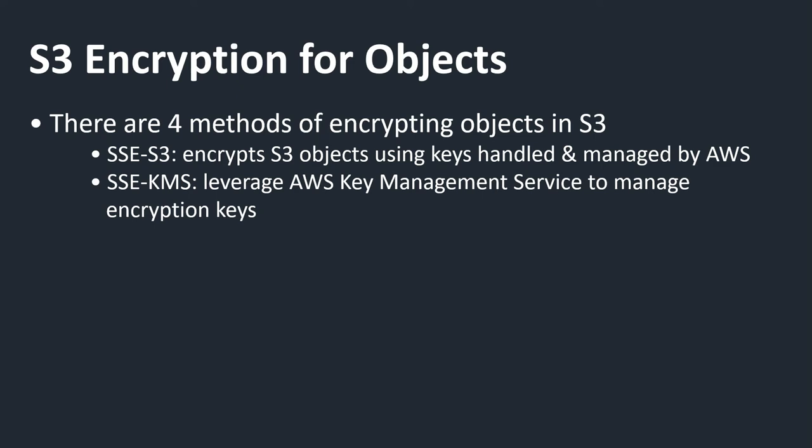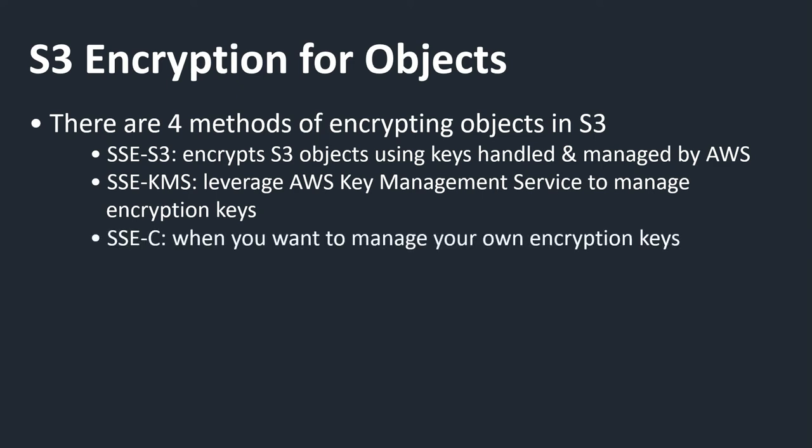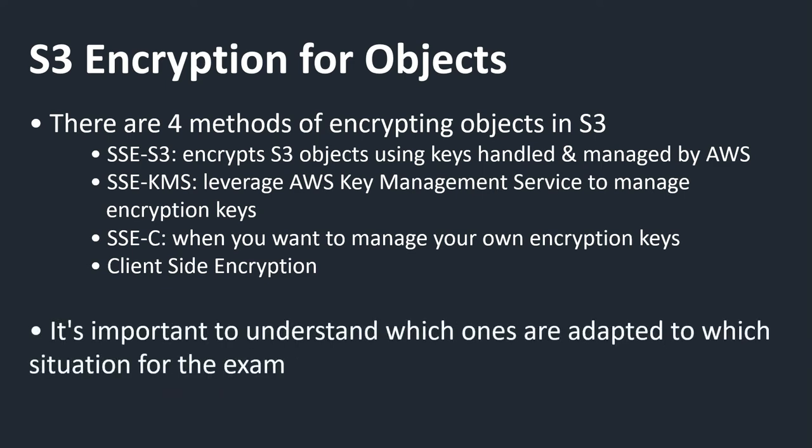The third one is SSE-C, when you manage your own encryption keys. And finally, client-side encryption. Now we are going to do a deep dive on all of those, so don't worry. And it is important to understand which ones are adapted to which situation for the exam, because the exam will definitely ask you questions to choose the right level of encryption based on the scenario.